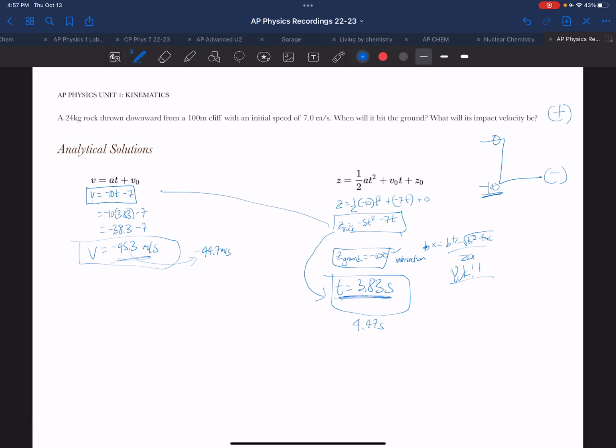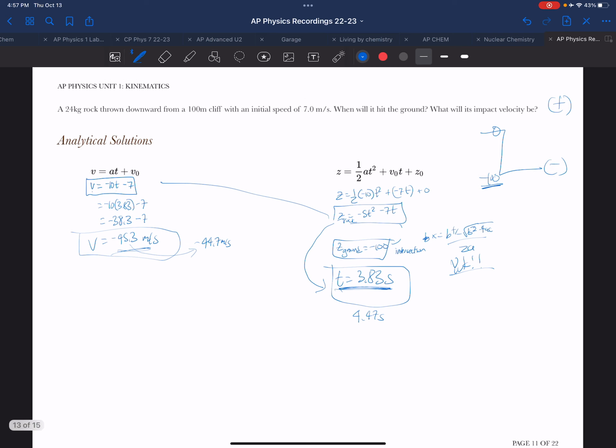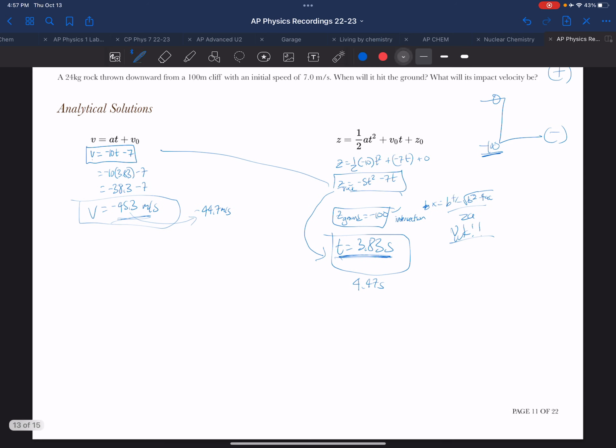So that's how we'd solve a problem of a rock thrown downward, both using the average velocity table and the analytic table. Now, again, to get to our graph, our VT, it has a y-intercept of minus 7, and it will have a slope of minus 10. The things we can read off a velocity-time graph are the axes. The gradient, delta V over delta T, is the acceleration, which is minus 10.